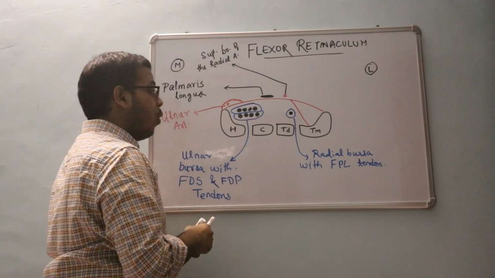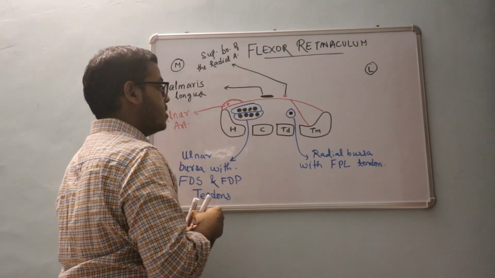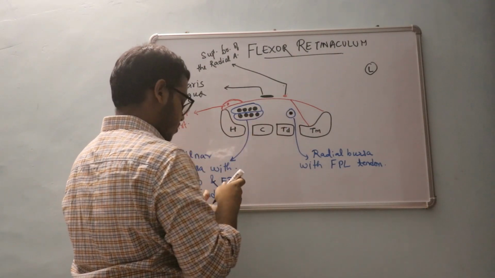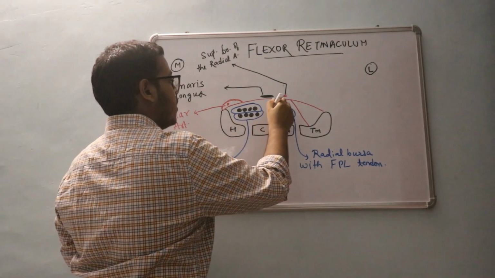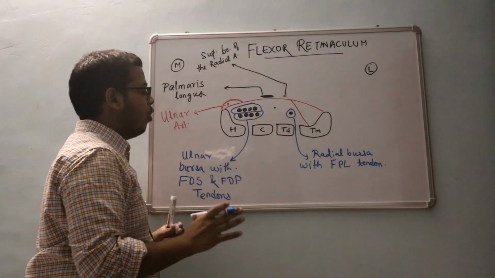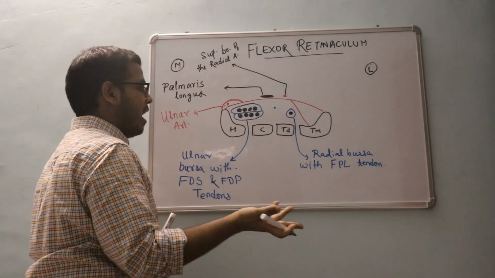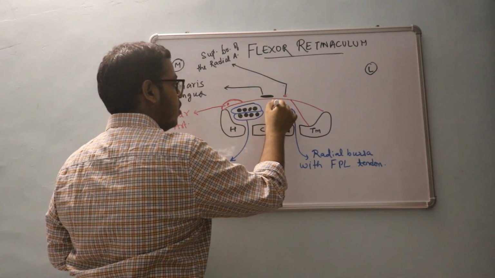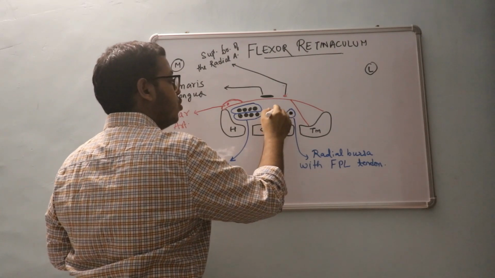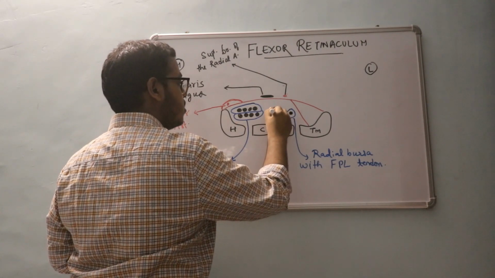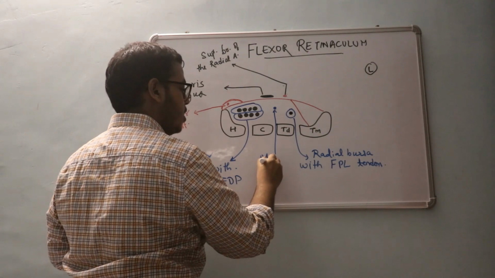Okay, one nerve that is present inside. I am marking the nerve with blue, although we generally make it with green or yellow, but I don't have anything, so let us make it with the blue only. What is this nerve? This is a very important nerve, the median nerve.